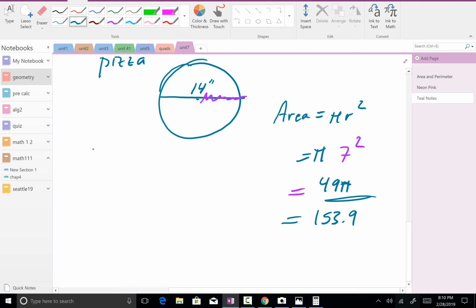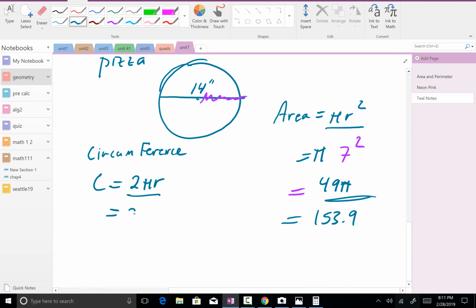If I want to find the circumference, which of course would maybe represent just the crust, maybe you hate everything else about the pizza, but you like that stuffed crust or whatever it is. I like crust, but I like the rest of the pizza too. So we're going to go 2 pi r for that. And we could just take diameter times pi, but I kind of like to keep my formulas consistent since this is 2 pi r and this is pi r squared, rather than having one in terms of diameter, one in terms of radius.